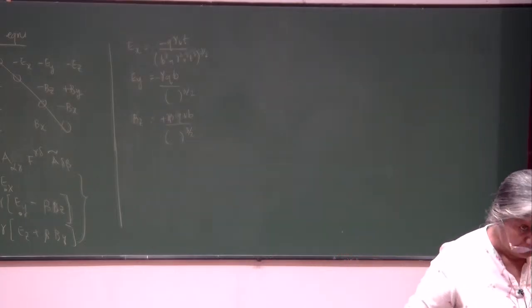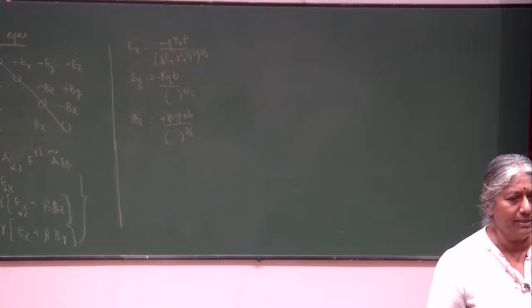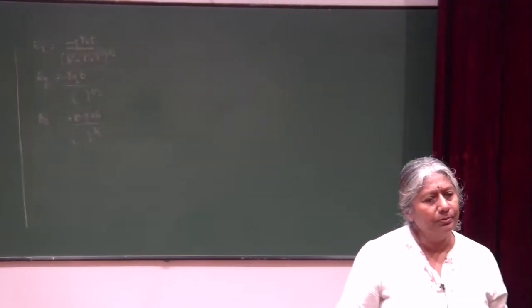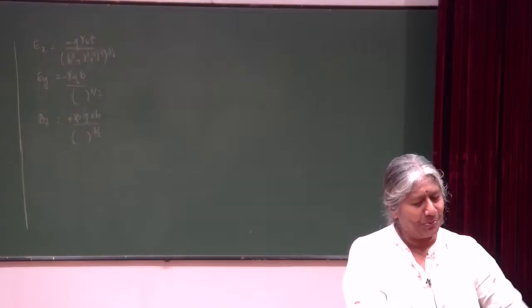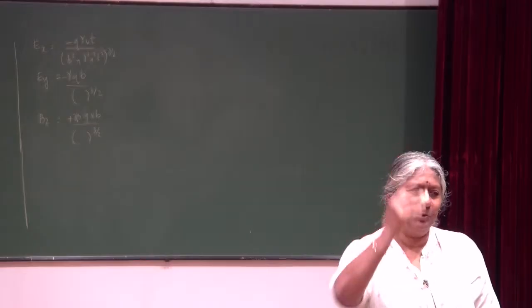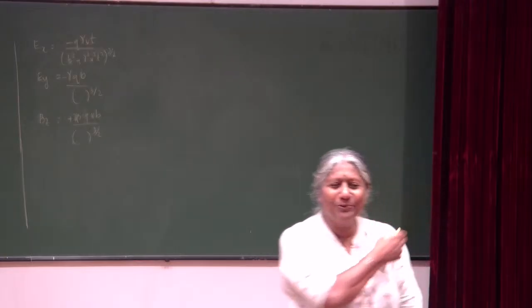Sorry, will Ex be exactly 0 when the charge passes the observer, at t equal to 0? That's exactly where the observer is. But that's why you see we are very smart and we have displaced the observer by B. That is done in advance, because otherwise this is the problem.